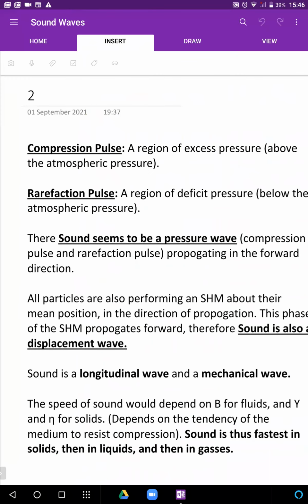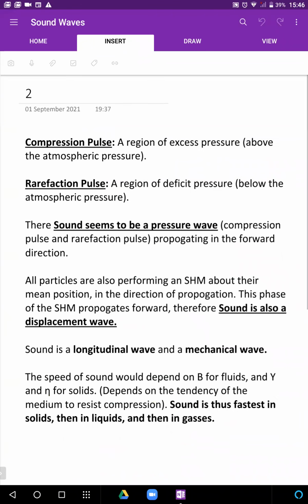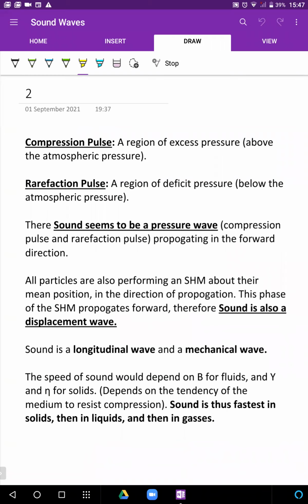Yeah. So compression pulse, just defining it as a region of excess pressure above the atmospheric pressure. Okay, so that was what I labeled as blue in the previous graph, a region of excess pressure above the atmospheric pressure. A rarefaction pulse, let me cross check the spelling.